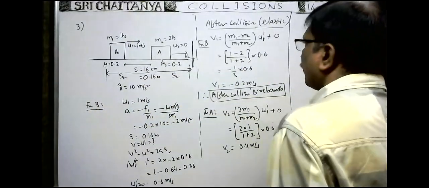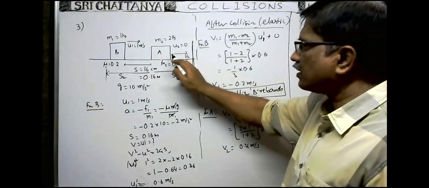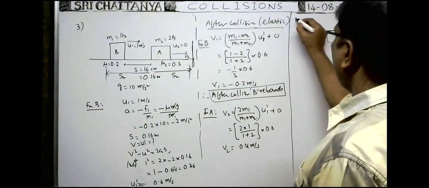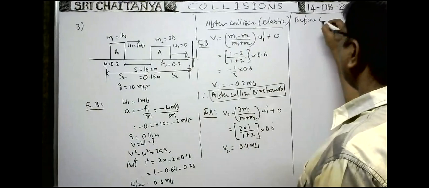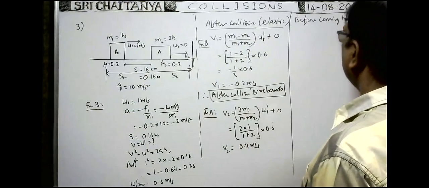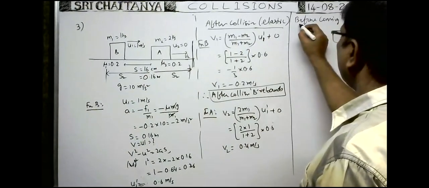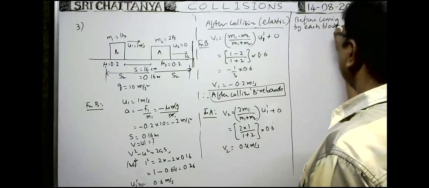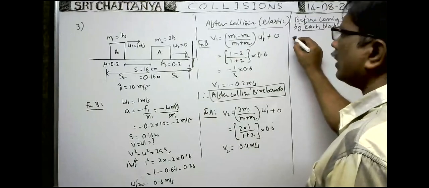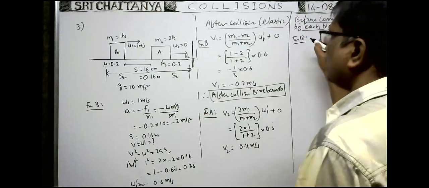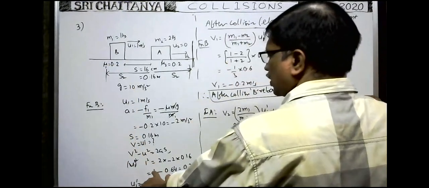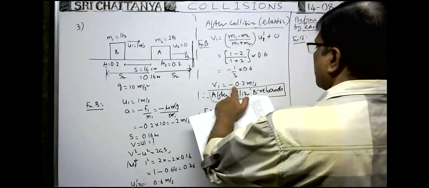So after collision, before coming to rest, what is the distance traveled by each block? For B, whenever the block travels in this direction, its initial velocity is the velocity with which it rebounds, 0.2.